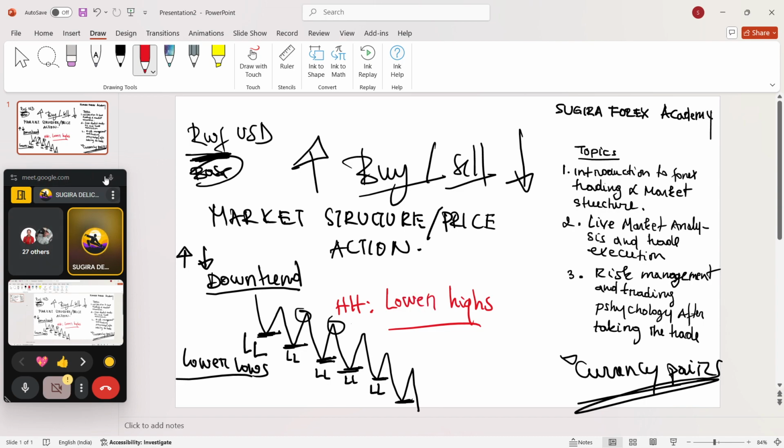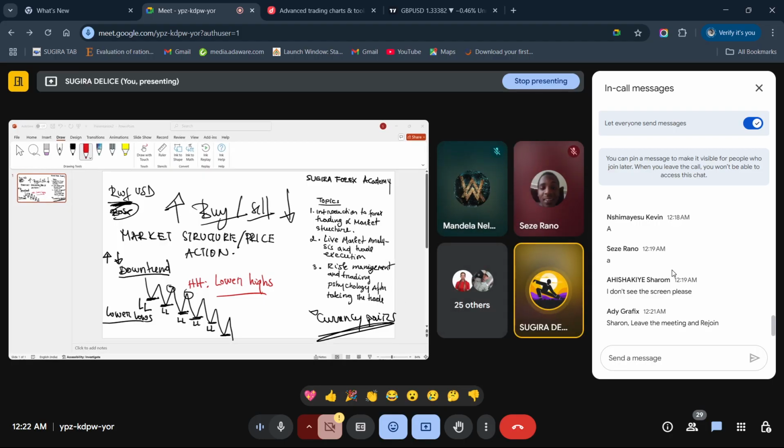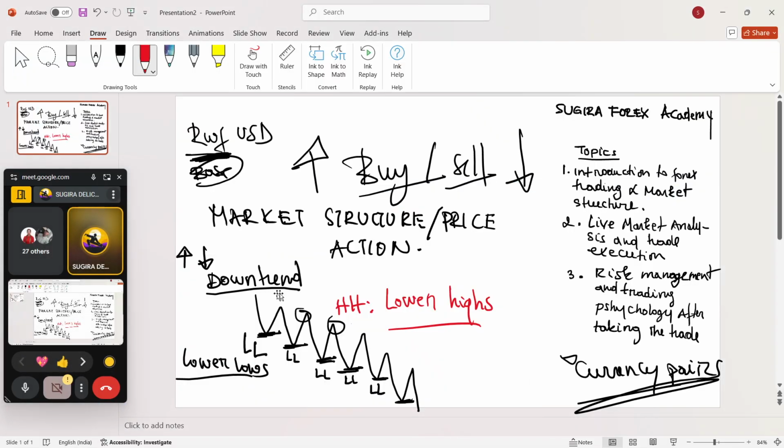Sorry about that. This is what we call lower highs. Get my point? This is what we call lower highs, the highest point in the downtrend market.